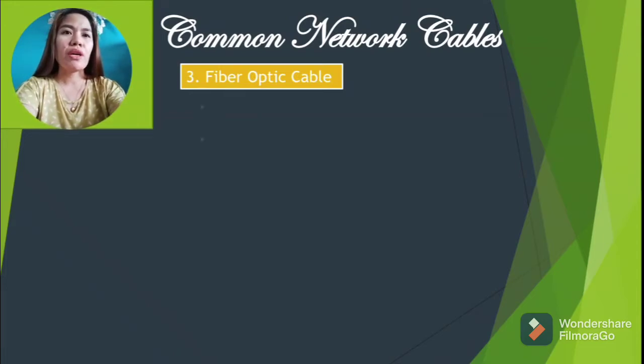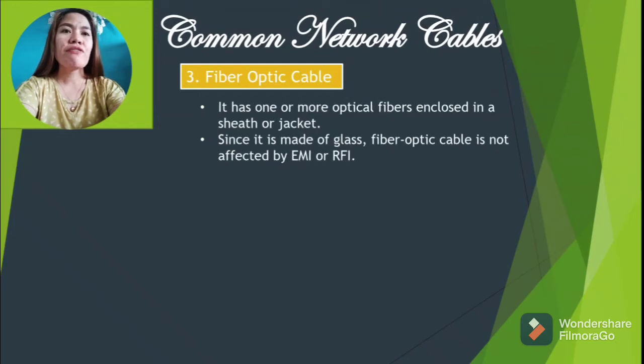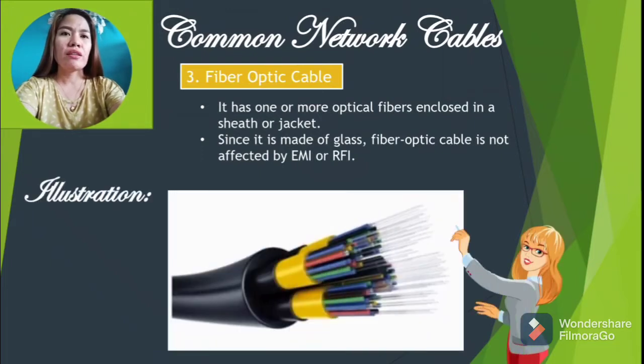So number 3. What is the fiber optic cable? It has one or more optical fibers enclosed in a sheath or jacket. Since it is made of glass, fiber optic cable is not affected by EMI or RFI. So this is an example of the fiber optic cable.